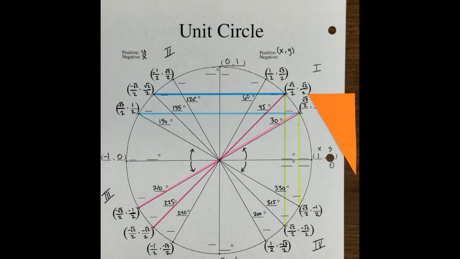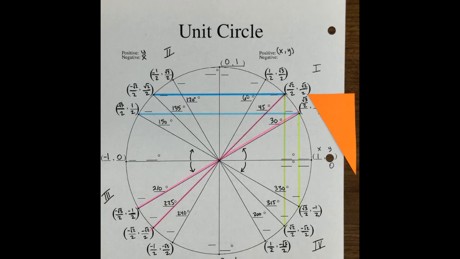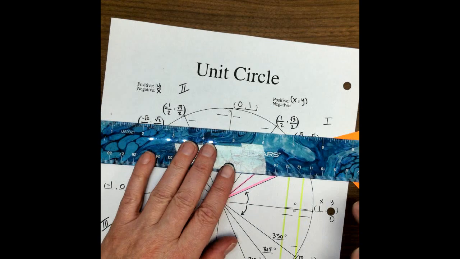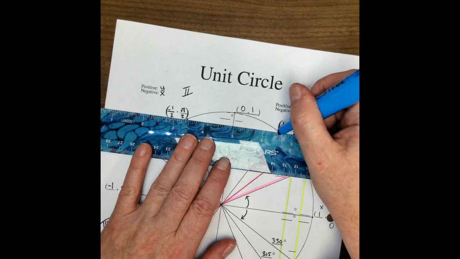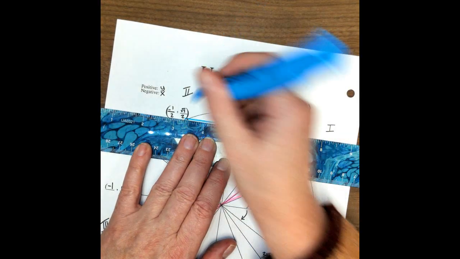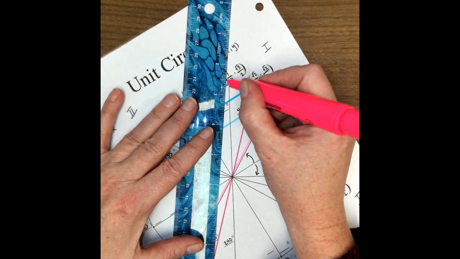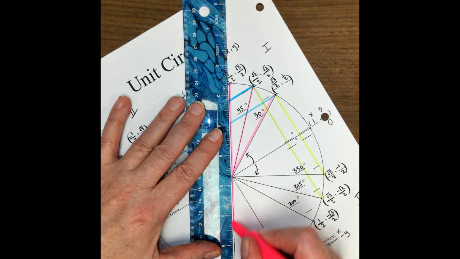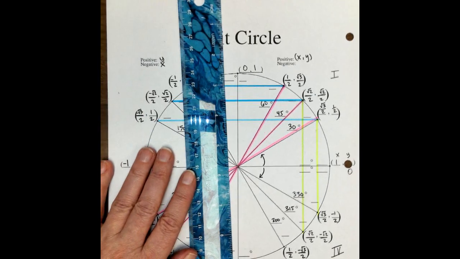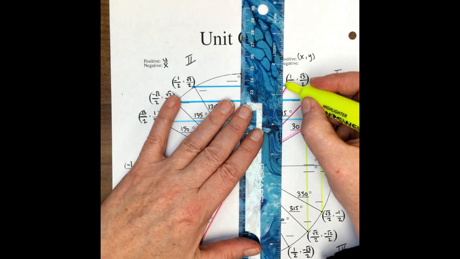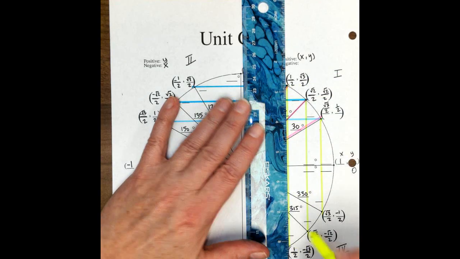So now we have a couple degrees we need to, I've got to draw my lines in. So these guys are the same. These guys are the same. And this guy is the same.